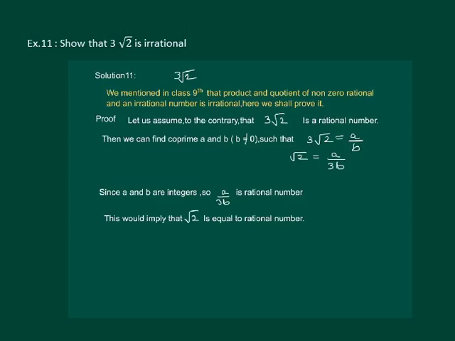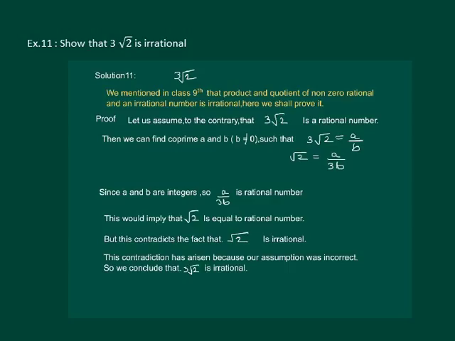This would imply root 2 is a rational number, but this contradicts the fact that root 2 is irrational. This contradiction has arisen because our assumption was incorrect that 3 root 2 is a rational number. So we conclude that 3 root 2 is irrational.